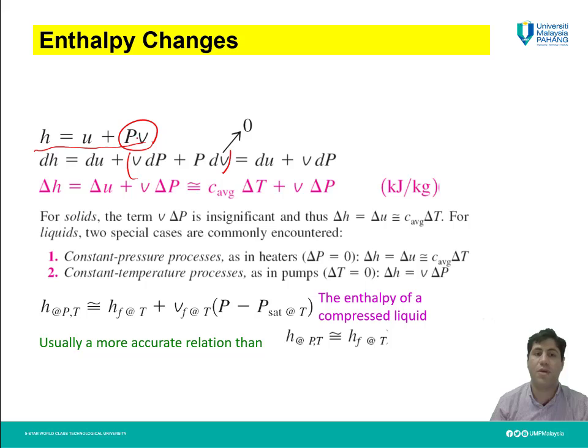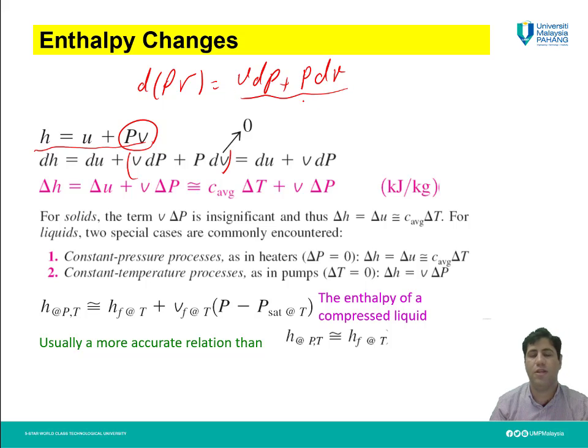From mathematics, we write the derivative of the first term times the second term, plus the first term times the derivative of the second term. So d(PV) will be equal to V dP plus P dV. This is from mathematics, and you may just recall that.